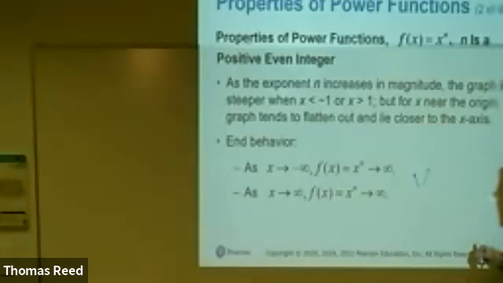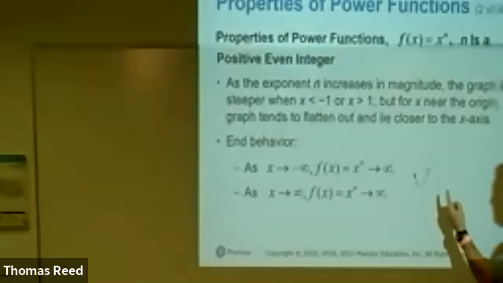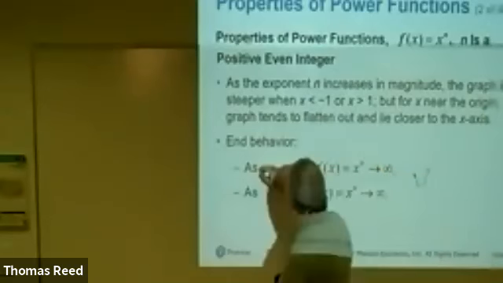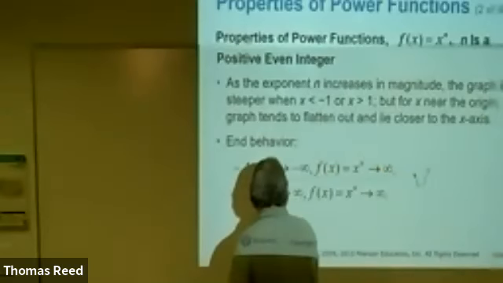I use the arrow notation. I used one textbook where this is how they described it. As x goes negative, y goes positive. You can use this to describe both of these.